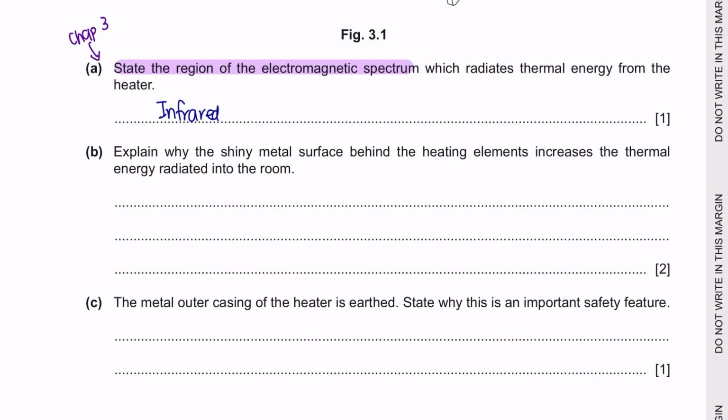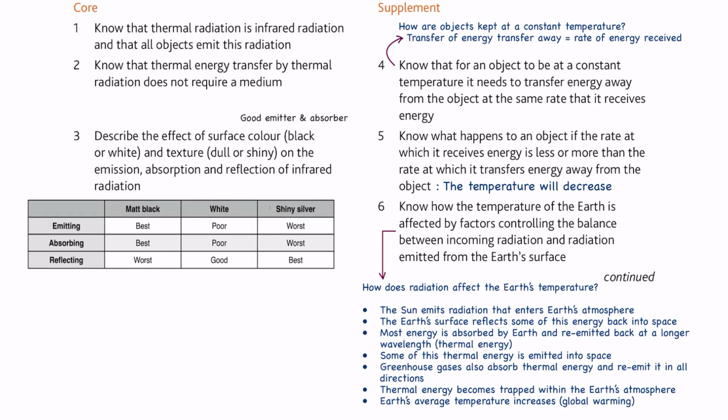Next, question part B. Explain why the shiny metal surface behind the heating element increases the thermal energy radiated into the room. Based on your course specification for Chapter 2, you need to be able to describe the effect of surface color, for instance when they're black or shiny, and how it affects the emission, absorption, and reflection.